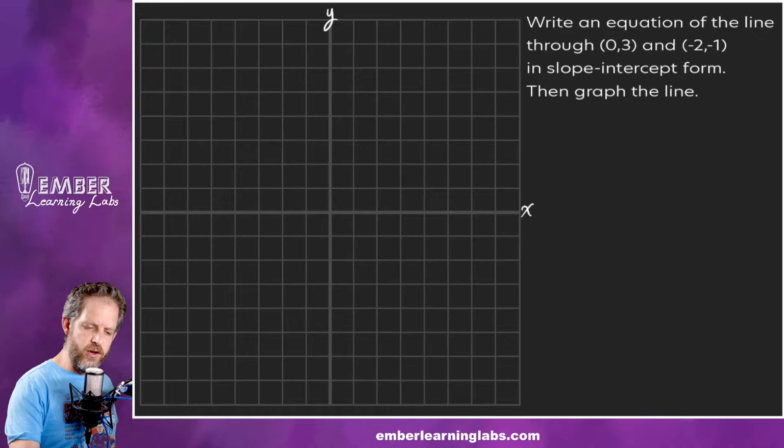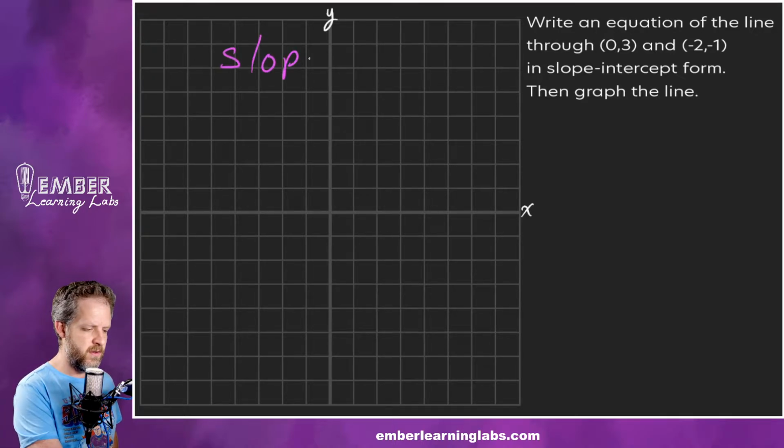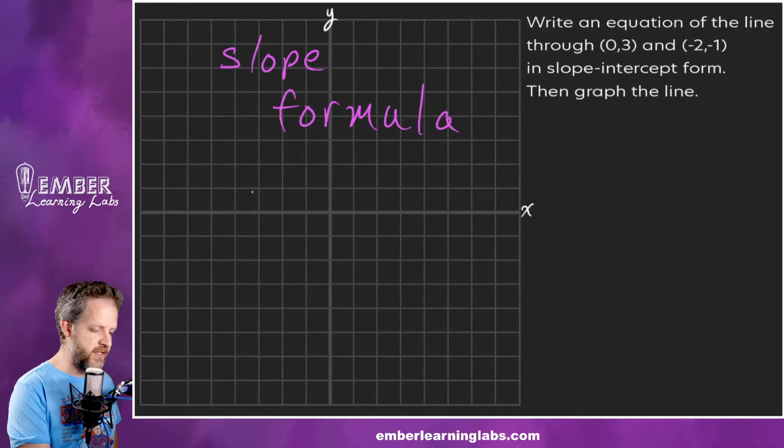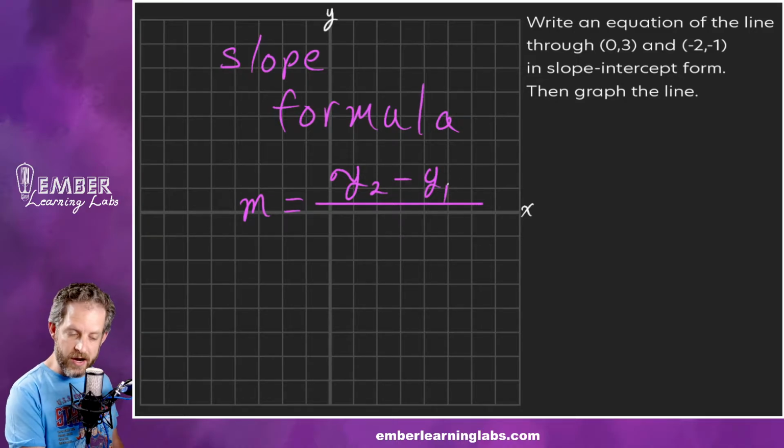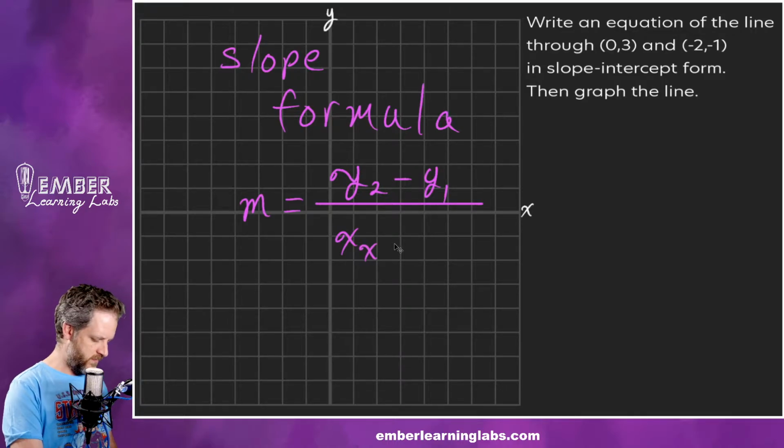Okay, so what we're going to use to find the slope is the slope formula, which, in case you don't remember, is m equals y2 minus y1, so the difference of the y's, over the difference of the x's, x2 minus x1.